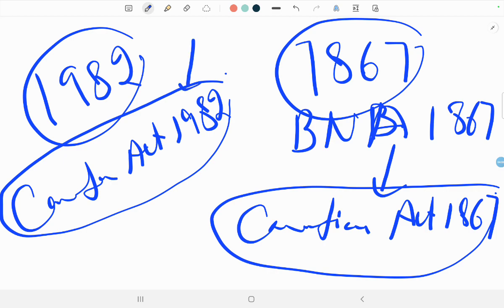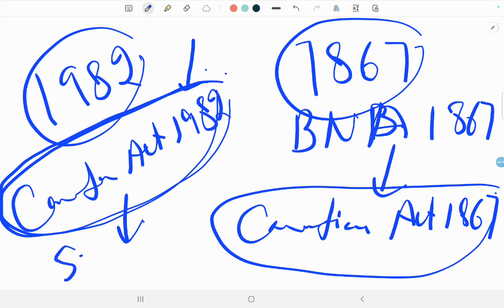From this act, all the powers which were exercised by the UK in the previous time were transferred to Canada. So Canada got freedom. Now this act gives power to the Canadian government to make its own laws.